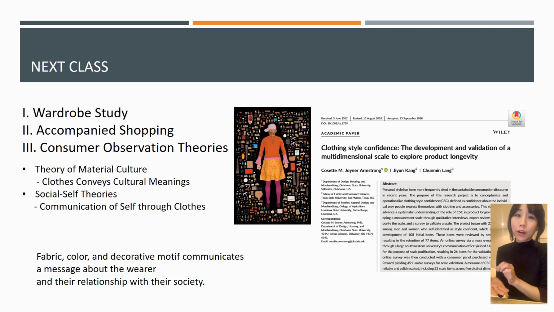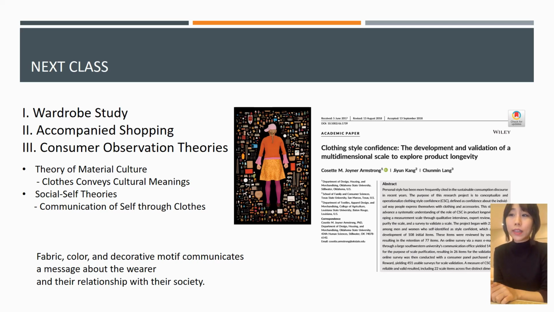Then we will see how to do the accompanied shopping, and I will show you some cases, examples and techniques for how to do it. You will go shopping with your consumer and observe specific parts, and we will discuss that. Then we will go deeper to better understand consumer behavior by discussing some theories related to consumer observation study.